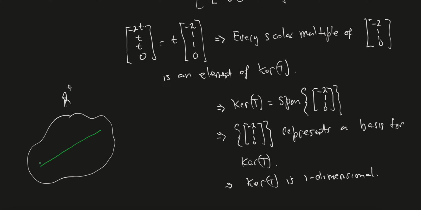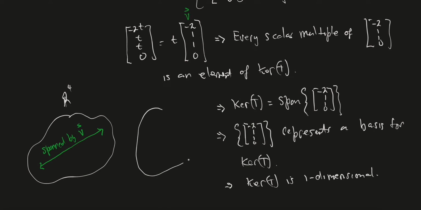This line represents all the scalar multiples of this particular vector, so it's spanned by, let me call this vector v.